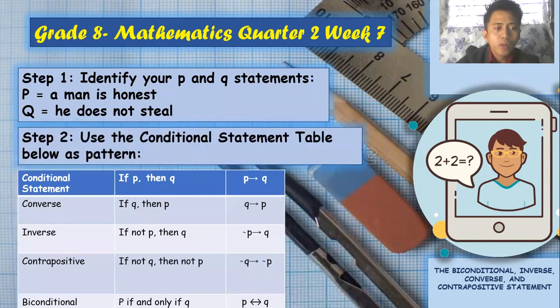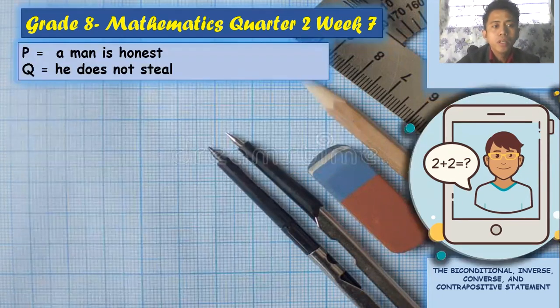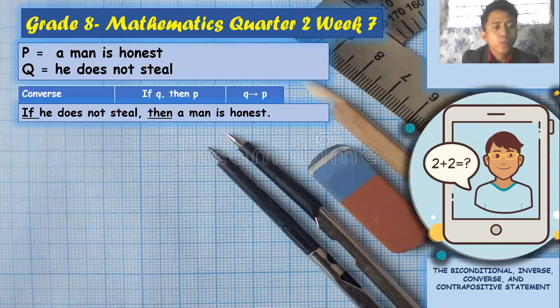Let's proceed with the second step, which is using the conditional statement table as a pattern guide. Let's start with the converse. Under converse, the condition is if Q, then P. So Q implies P. Write the word "if" here, and then what is our Q? He does not steal.